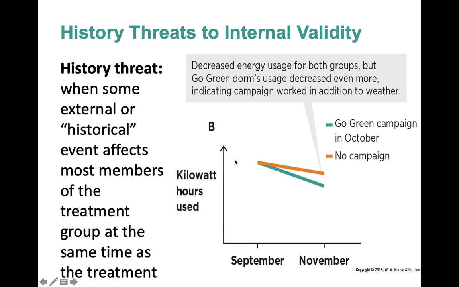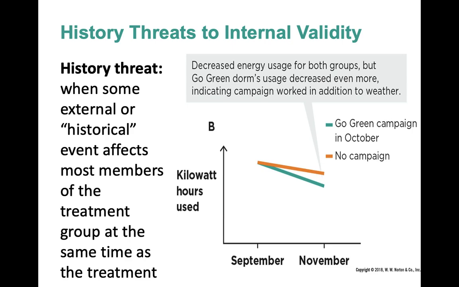So there's definitely decreased energy use for both groups, so maybe there is some seasonal effect, but because there is even more of a reduction in energy use for the Go Green campaign, we can attribute that extra reduction, if you will, to the Go Green campaign. And we can only rule out that history effect because we have that comparison group.